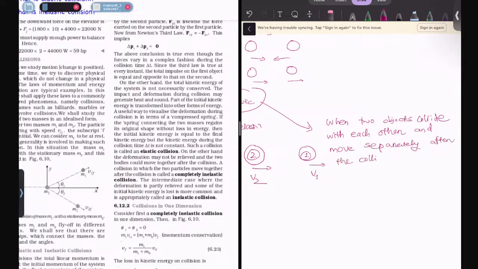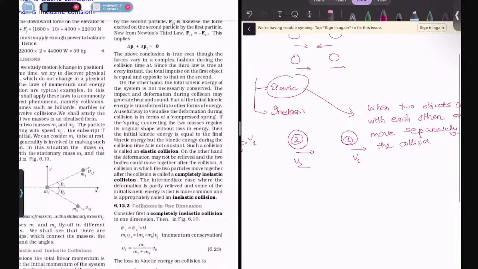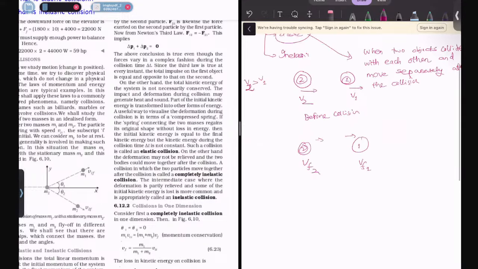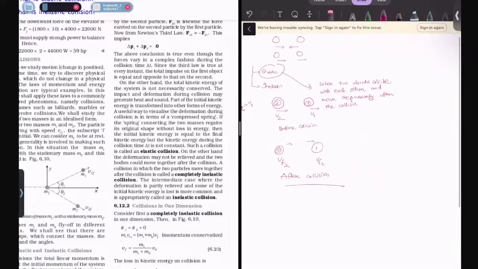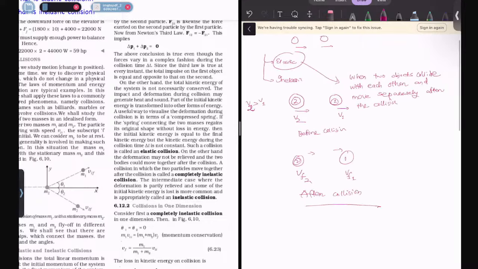This was the picture before collision, and even after collision, this is object 2, moving with a velocity of v final 2, and this is moving with a velocity of v final 1, but separately. They're moving separately. This is what is elastic collision. Okay. I'll explain the momentum and the kinetic energy part after I explain elastic collision, so bear with me. So this is elastic collision.